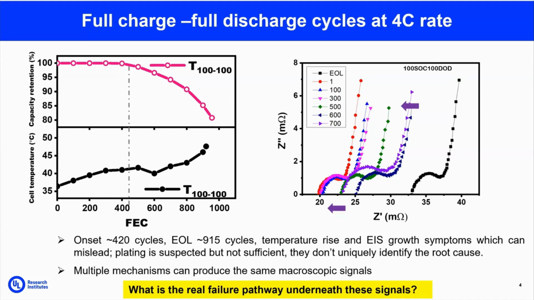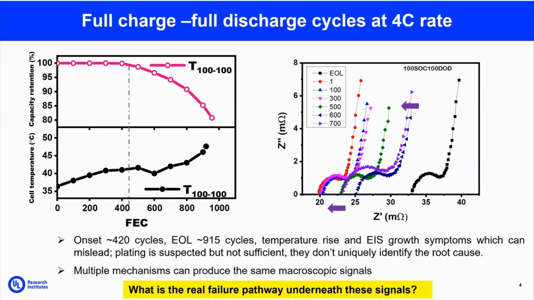In parallel, we probed the cell resistance behavior using electrochemical impedance spectroscopy. Here we can see that over the cycles the EIS spectrum was shifted, which means the resistance was increased.